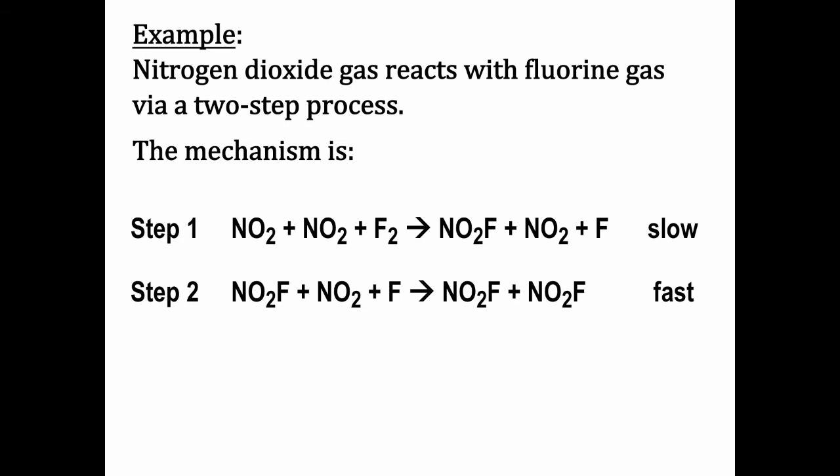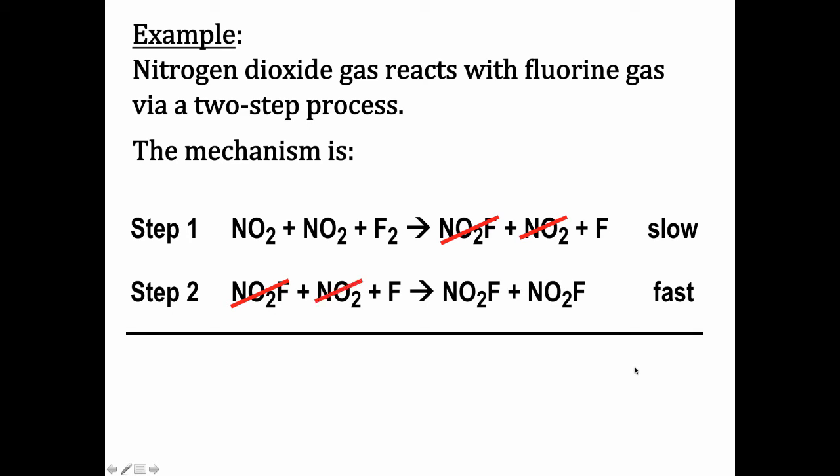And notice, this is a pretty important thing to consider: when we add up the steps of the mechanism, they have to add up to the overall reaction. So the NO2F that's made in step 1 is there as a starting material in step 2, so we have one on the left and one on the right in different equations, and they cancel.